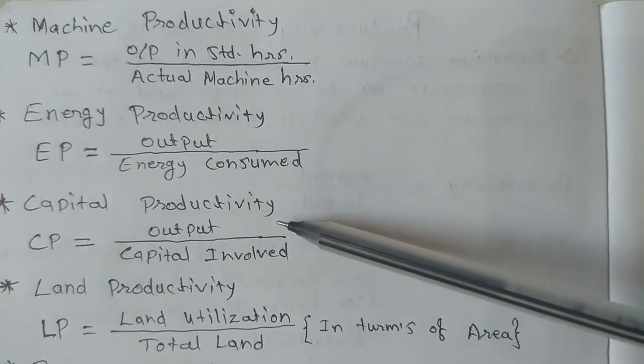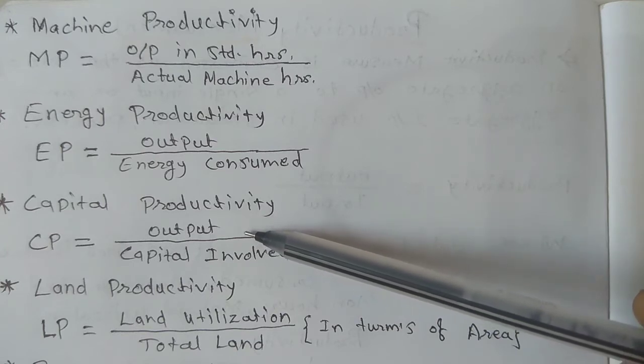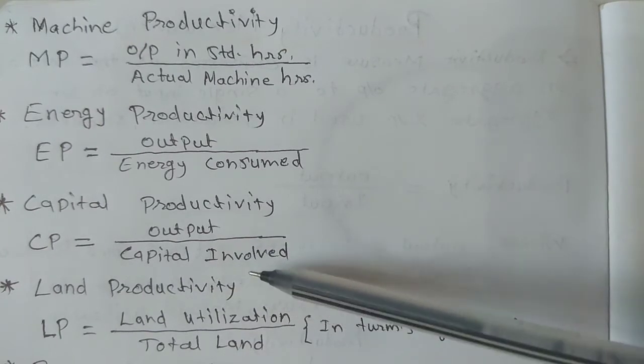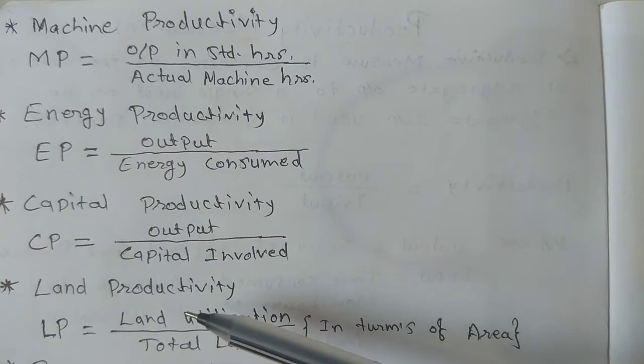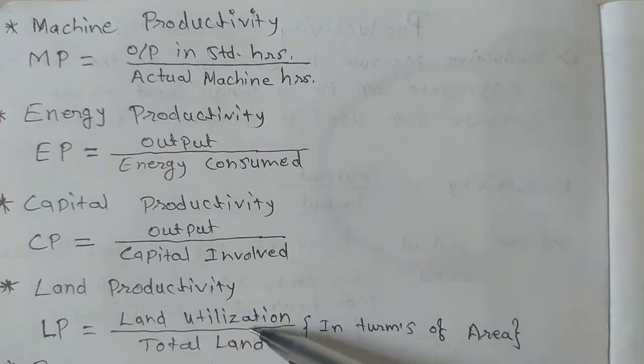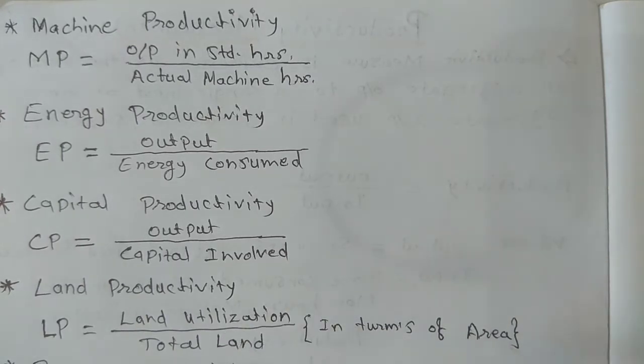Then capital productivity, which is the ratio of overall output upon capital involved in your system. Then land productivity, which is land utilization divided by total land in terms of area. Here you consider the area in square meters.